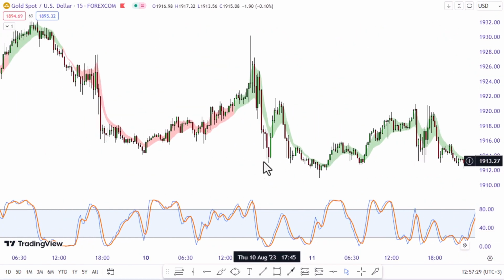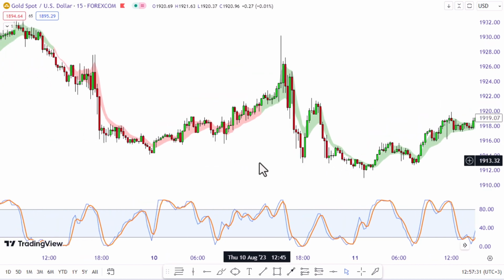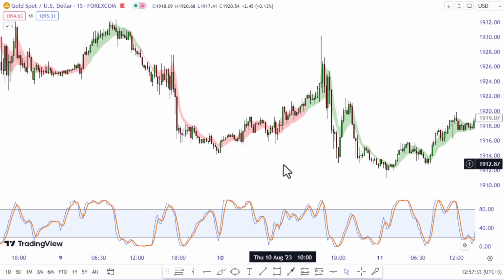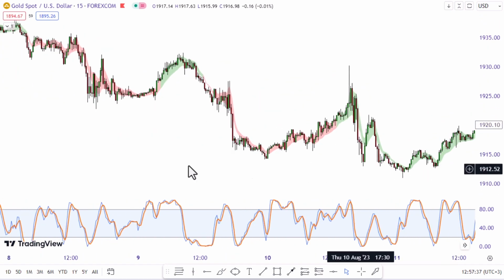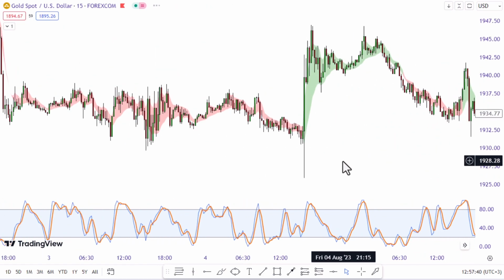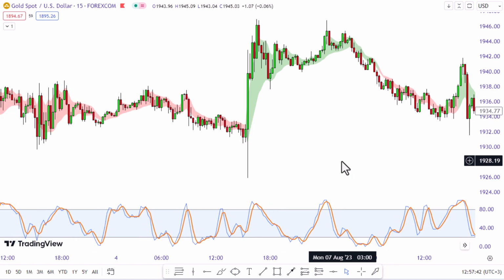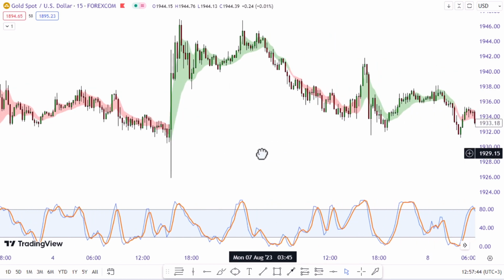This indicator helps me see shifts in market momentum. So the plan is to use the RSI momentum trend to lock in the trend direction and then let the stochastic RSI confirm my entry. Now I've got a full-on momentum strategy. But wait, there's more. For even better momentum indicators, I might want to explore more options, which you can check in my previous videos in a playlist which I'm gonna leave by the end of the video.